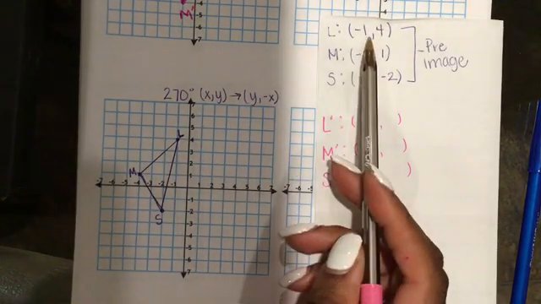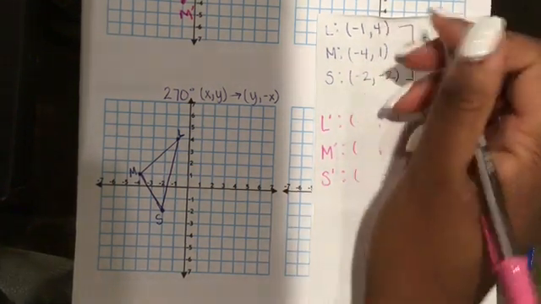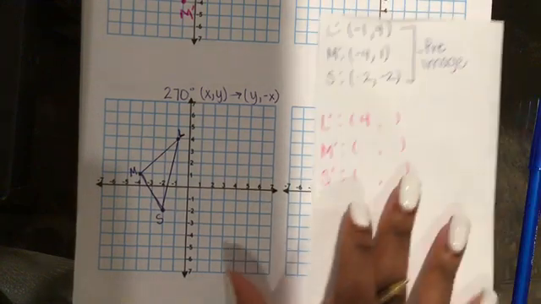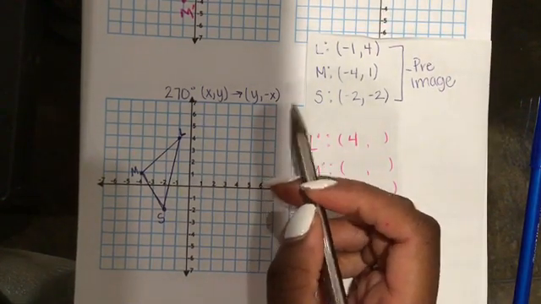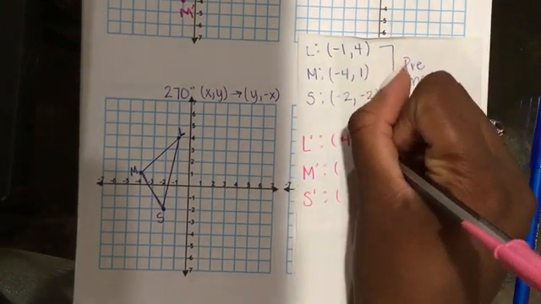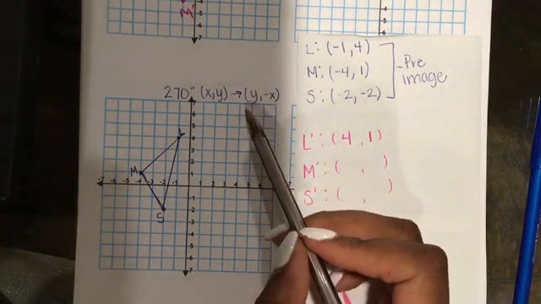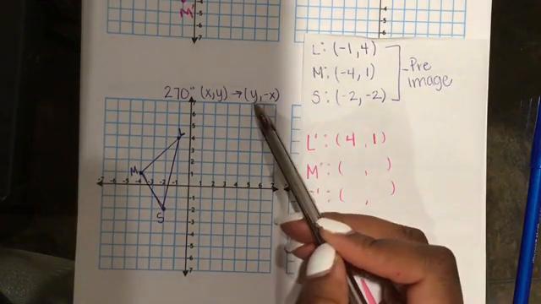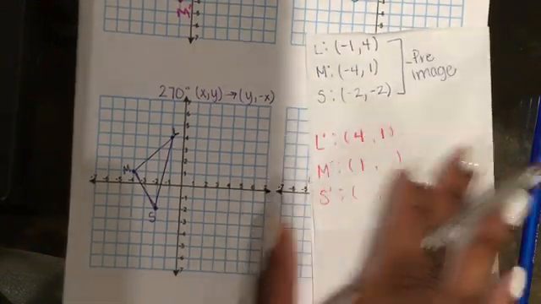So when we look at our L over here, it was -1, 4. So Y comes to the front, so that's 4. Now X changes. If it's positive, it becomes negative. If it's negative, it becomes positive. So our X is negative. So when we write it, it becomes a +1. So look at M. Y stays the same. So we have 1, comma.